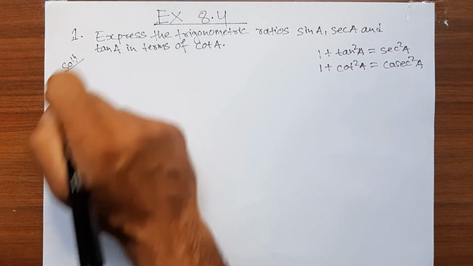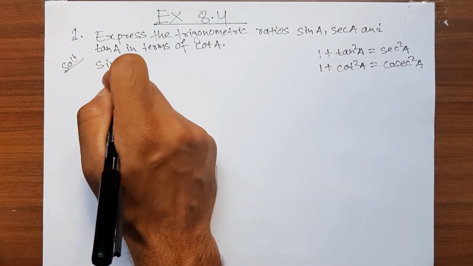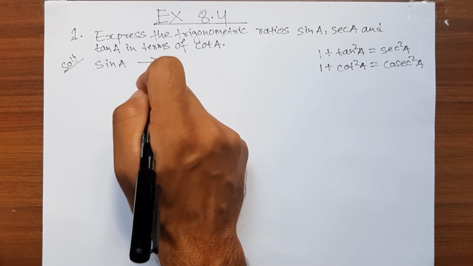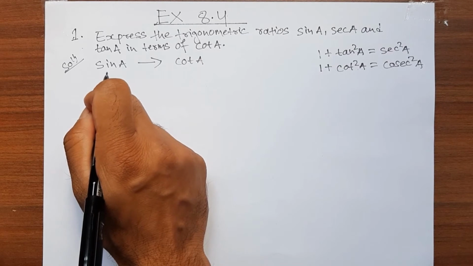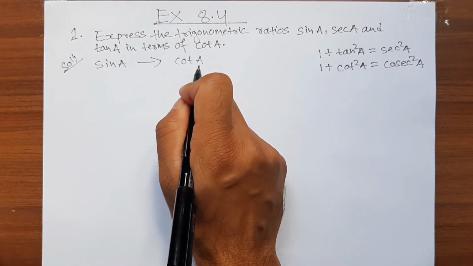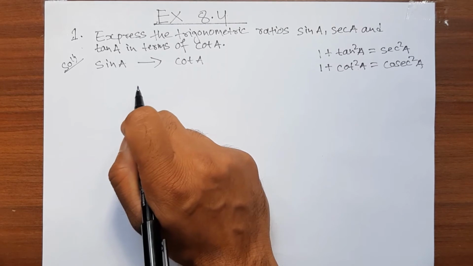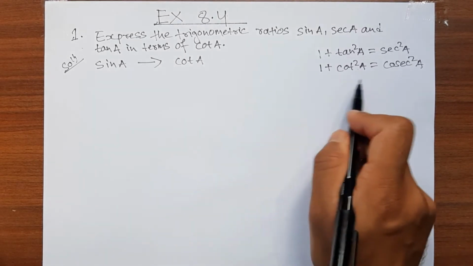Solution. First of all, we have to express sin A in terms of cot A. We have to change sin A to cot A, so we have to interrelate the trigonometric ratios.